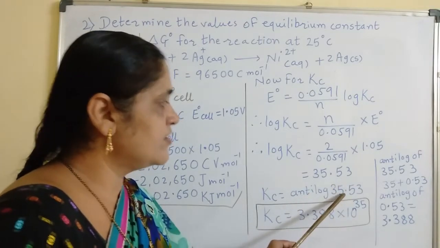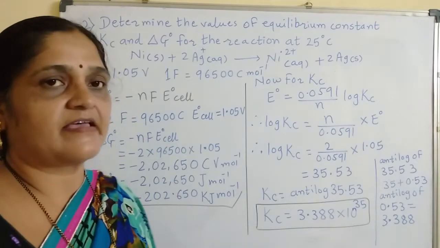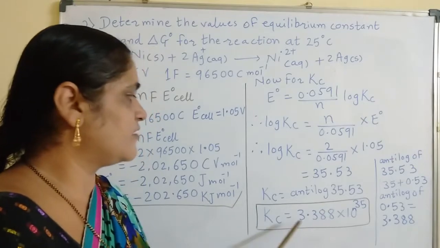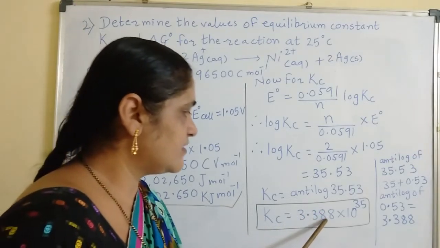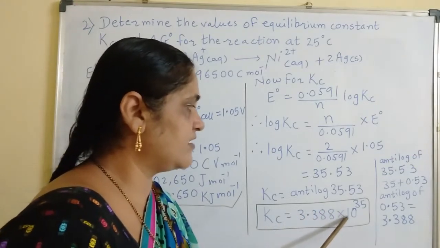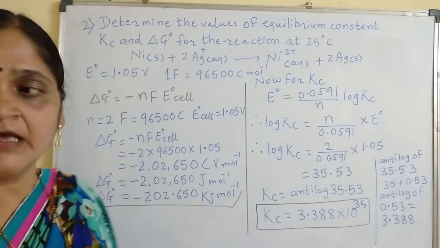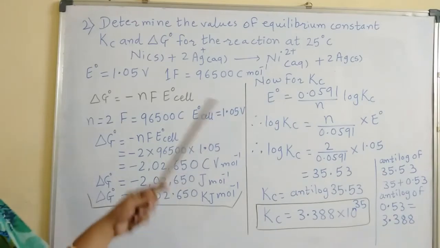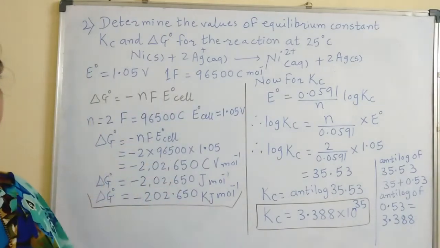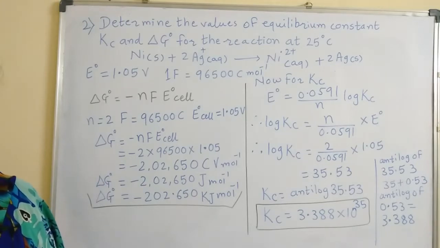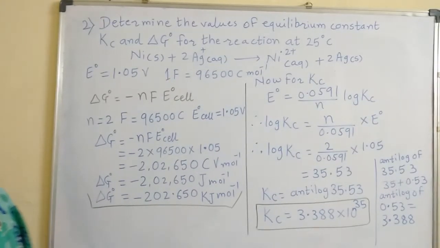Now this 35, we are going to place it as the exponent. So here Kc is equal to 3.388 into 10 raised to 35 is the value of the Kc for this reaction. In this way, we have solved this numerical.